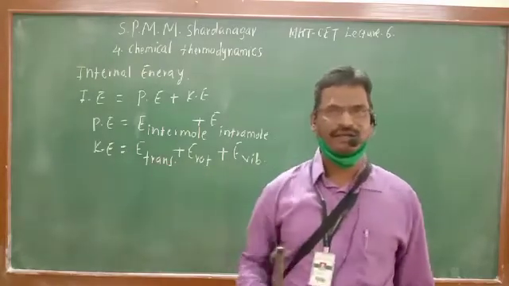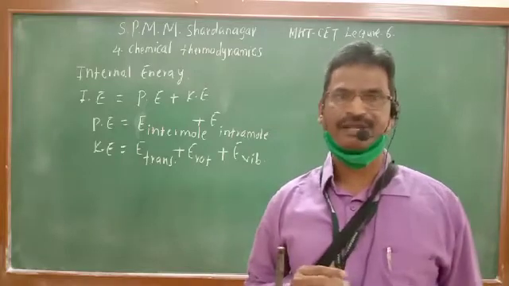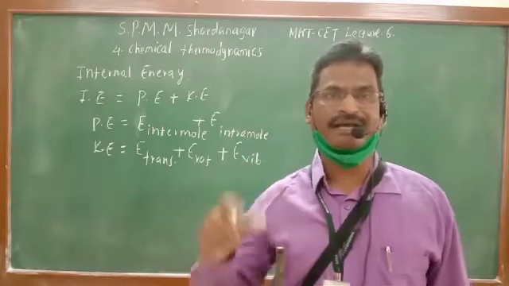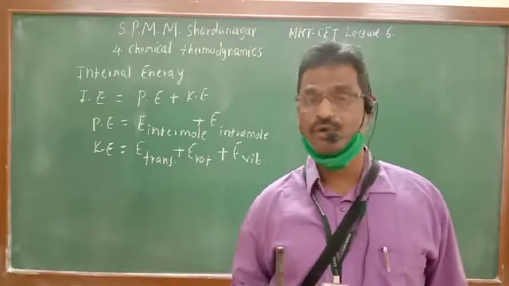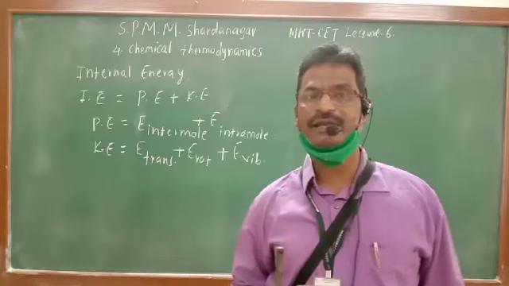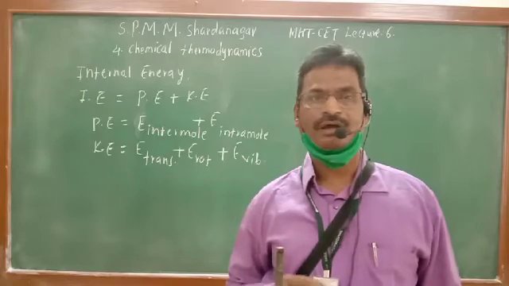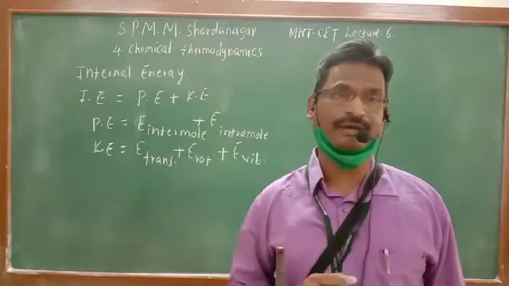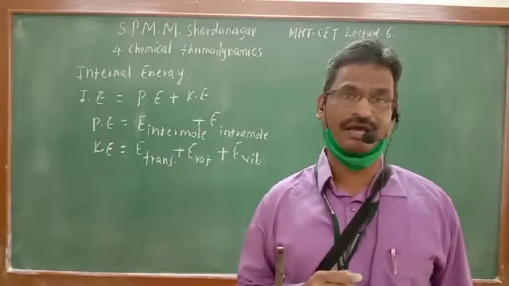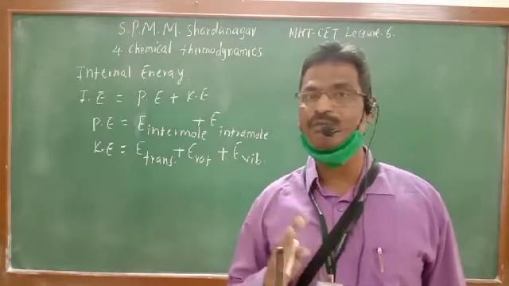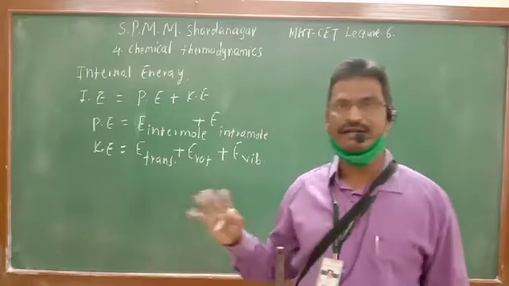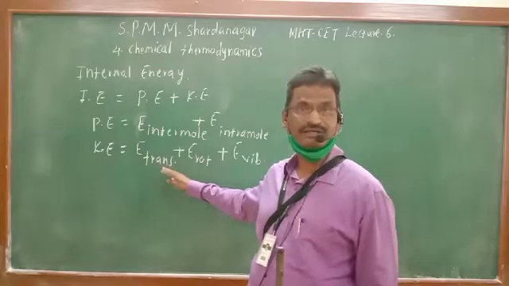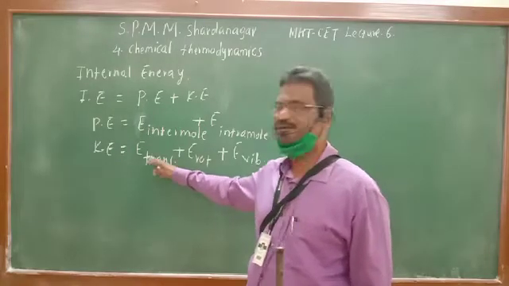If we see the monoatomic gases, they are continuously in random, haphazard motion, moving from one point to another point. The energy associated with their zigzag motion is known as translational energy.